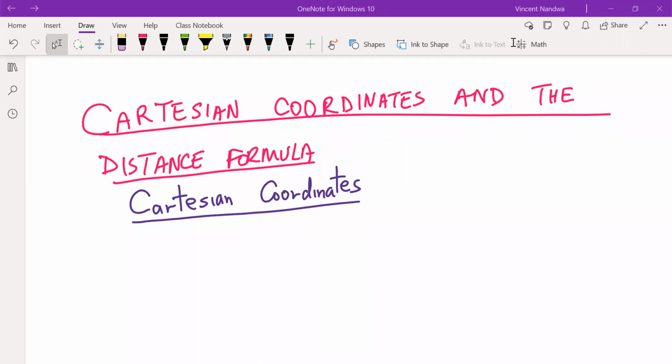This section introduces the concept of Cartesian coordinates and distance formula. So points in a plane can always be identified by two values, one x value and another one y value.